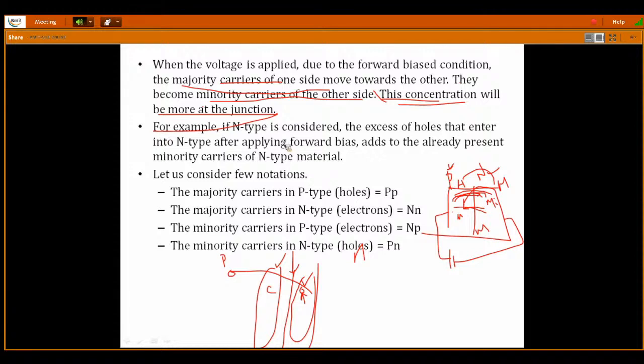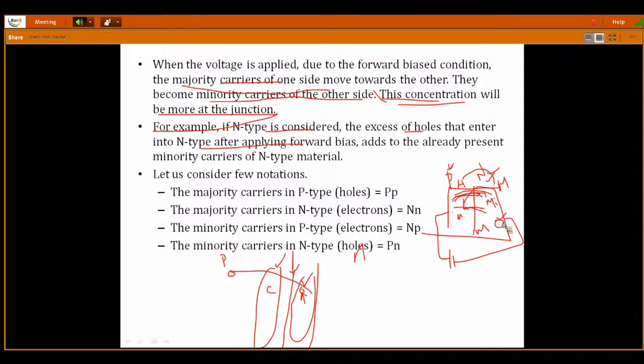Now the same thing I explained. For example, if you consider the N-type, the excess of holes that enter into the N-type after applying the forward bias adds to the already present minority carriers in the N-type material. In the N-type material, what are the minority charge carriers? Already holes are the minority charge carriers. These are the holes we have at equilibrium, in the steady state.